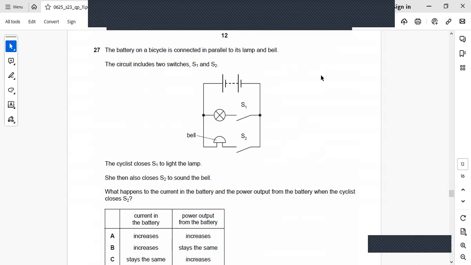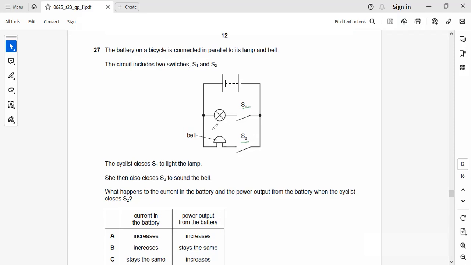So we are going to next question. The battery on a bicycle is connected in parallel to its lamp and bell. The circuit includes two switches S1 and S2.